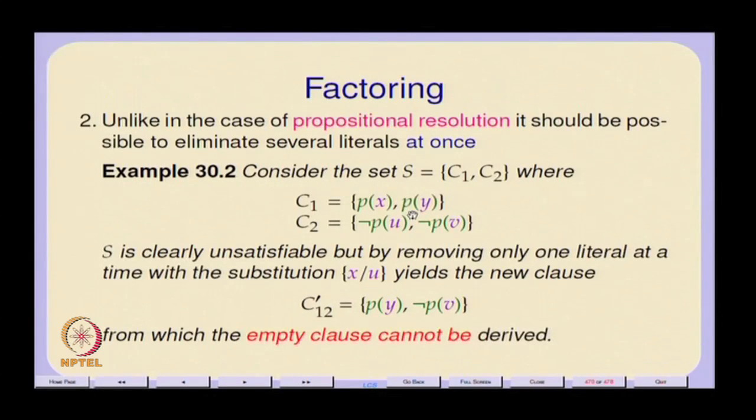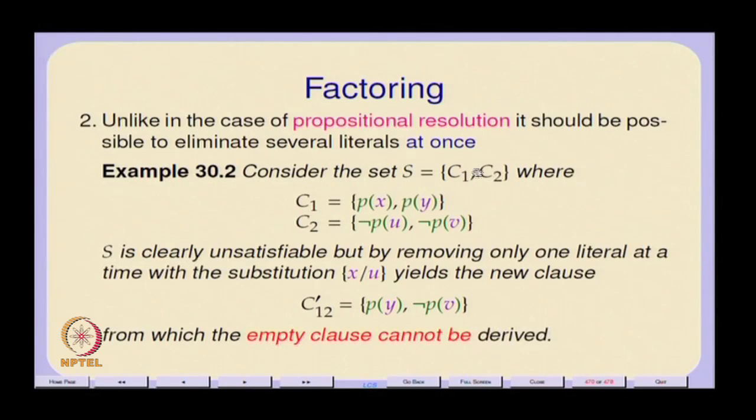So, essentially this is equivalent to saying for all x, for all y, p x and p y. And this, where I have standardized the variables apart, is equivalent to saying for all u, for all v, not p of u and not p of v.